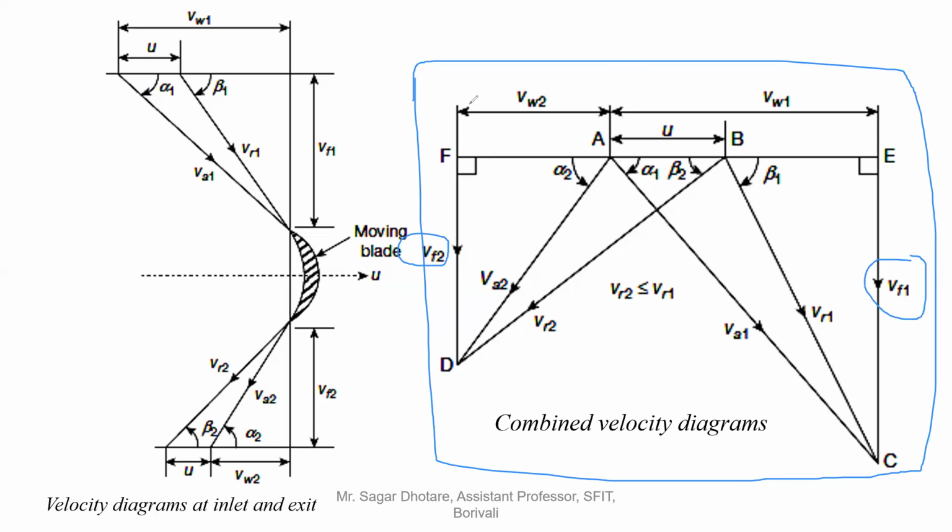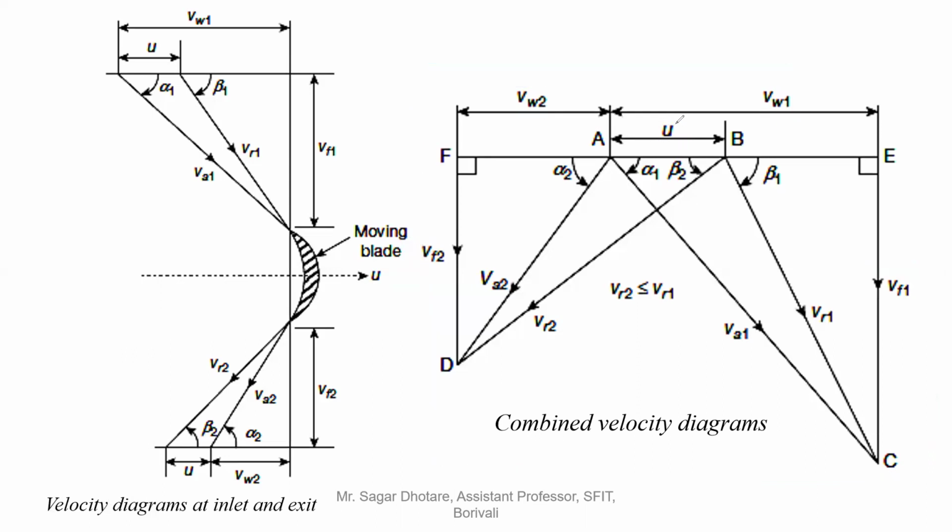Now the whirling velocities: initially alpha 2 will go till VW2, and the remaining will be VW1. And in between alpha 1 and alpha 2, between these two points A to B, it is the tangential velocity. I hope you will remember this trick to draw the combined diagram.